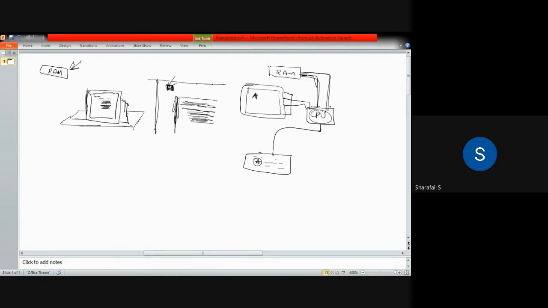That is a temporary storage. The binary value corresponding to A will be stored in RAM as long as the power is on. And if you are saving that file, then the CPU will send the same data to the hard disk, and it will be stored there. If you are not saving the data, then the entire data that you have entered will be lost once your power is off.